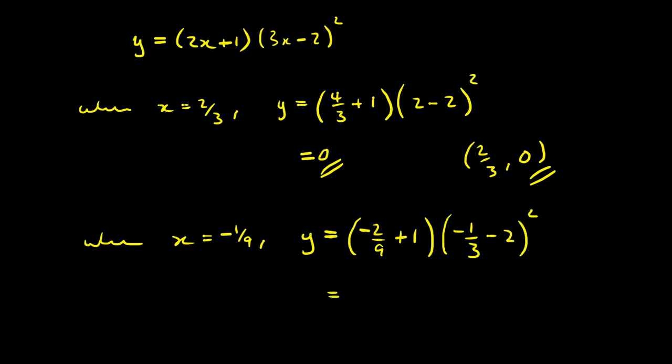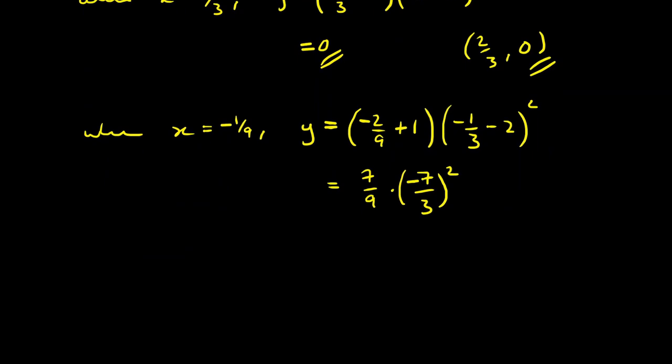And I'm just going to simplify this, right? 1 is 9/9, so minus 2/9 plus 9/9 is 7/9. And negative 2 is the same as negative 6/3. So minus 1/3 minus 6/3 is minus 7/3. And I need to square that.